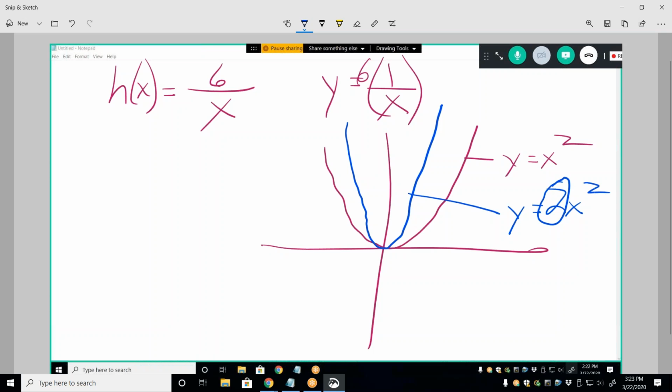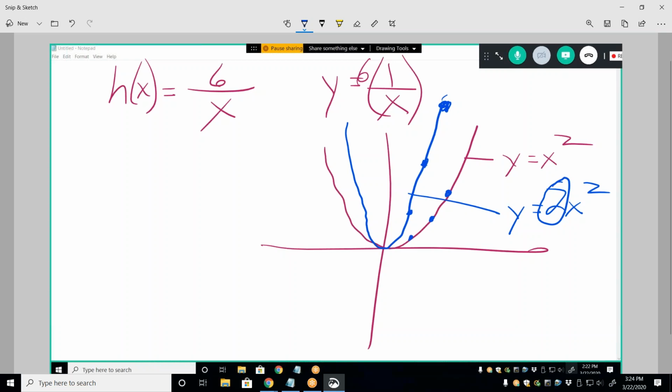And the way you can always figure these out is what's being stretched. It's the y coordinate that's doubling. If I look at that y coordinate and that y coordinate, the y coordinate is always 2 times whatever the original was. Whatever the original point is, the new point is twice as far away from the x-axis, which means the y point has been stretched.